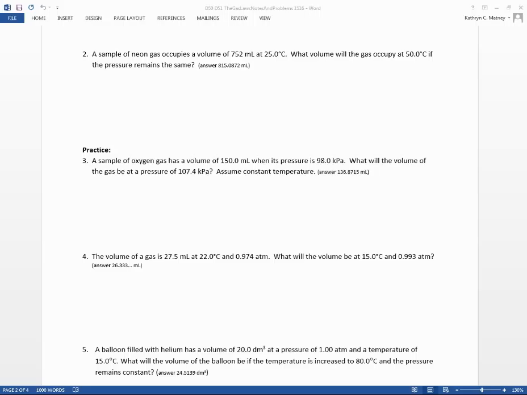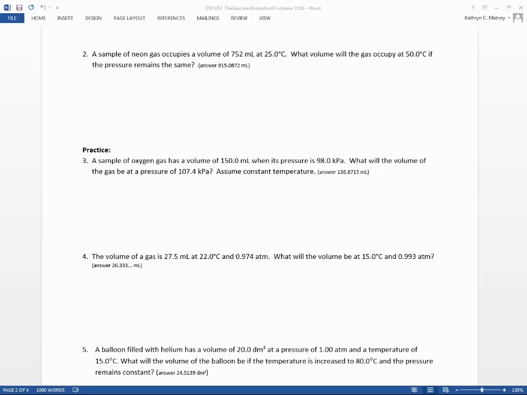The rest of this problem says a sample of neon gas occupies a volume of 752 milliliters at 25 degrees Celsius. Let's just stop. Everybody stop with me. This is a volume and this is the temperature. It's the very first time that I hear about volume and temperature, so they are my ones. With me, Hunter?